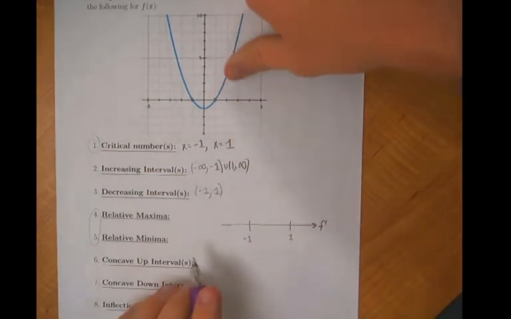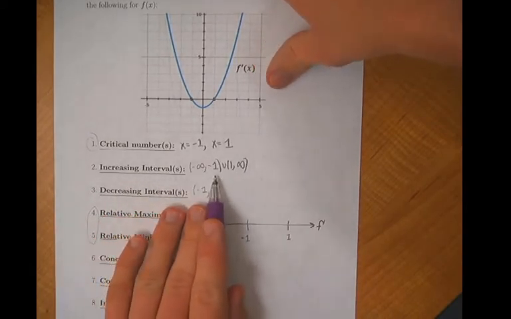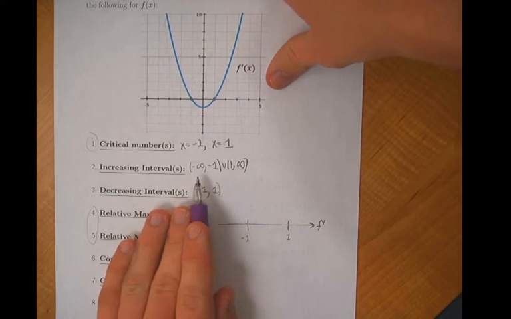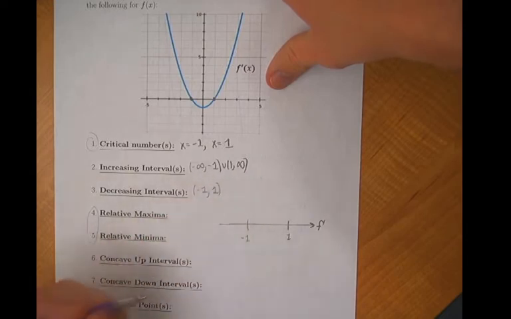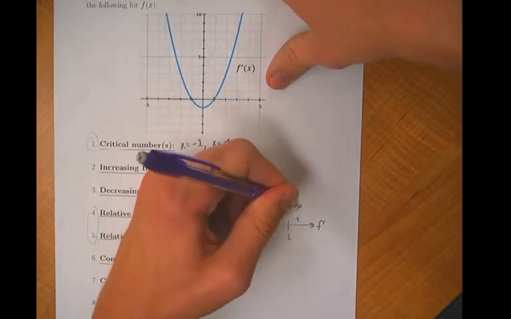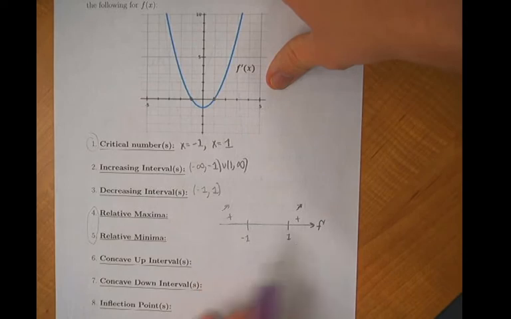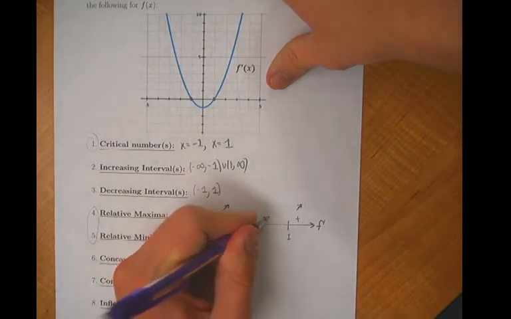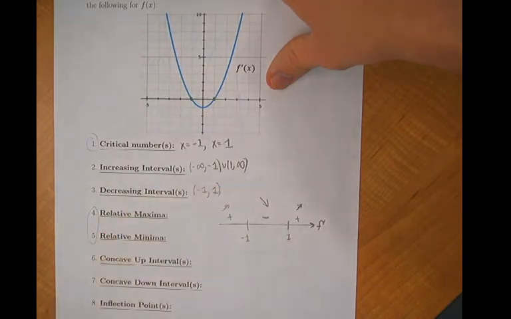As we've established, the increasing intervals, where f prime is positive, are negative infinity to negative 1 and 1 to infinity, so we have positive and positive, increasing and increasing. Our decreasing interval, where f prime is negative, is from negative 1 to positive 1, so f prime is negative, meaning f is decreasing.